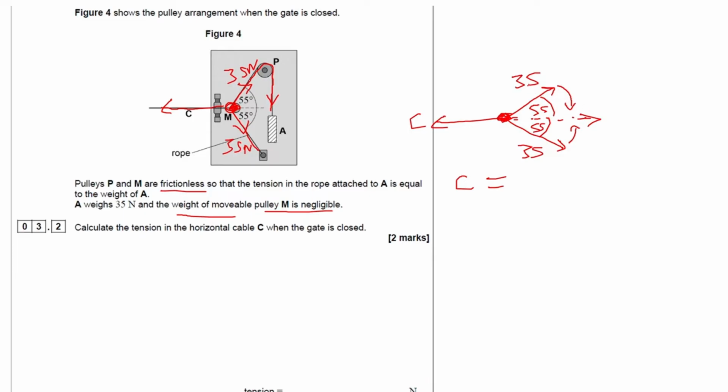So in this case, 35 crush 55, so that's 35 cos 55. And then I do the same for this one, plus 35 cos 55. So in other words, it's 2 times 35 cos 55. And that should give me my force C. And when you do the calculation, it gives you a value of 40.2 newtons.